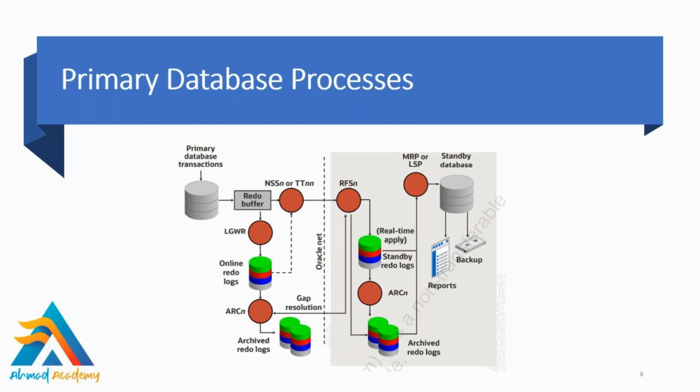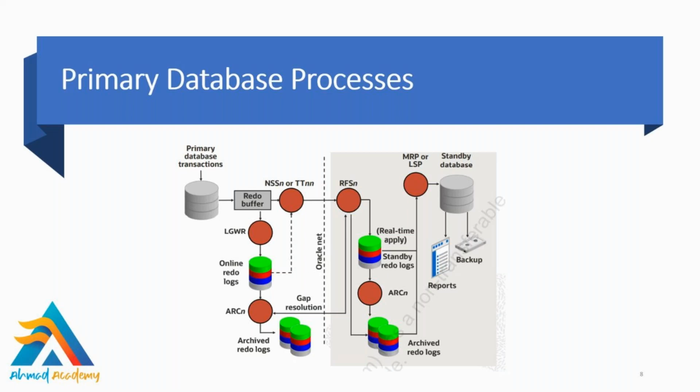Okay, and LGWR has no interaction with any asynchronous standby database destination, and in that LGWR will not wait for the acknowledgement. It will perform when commit happens, and then LGWR writes the redo data into the redo log files.